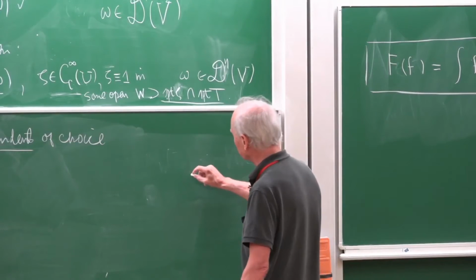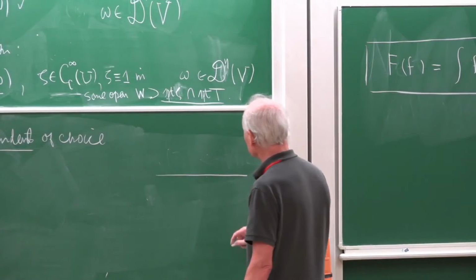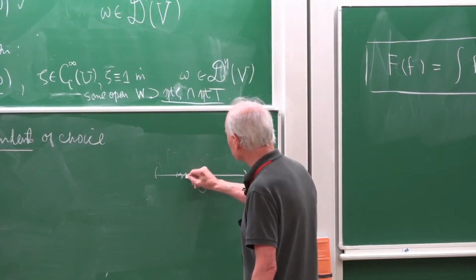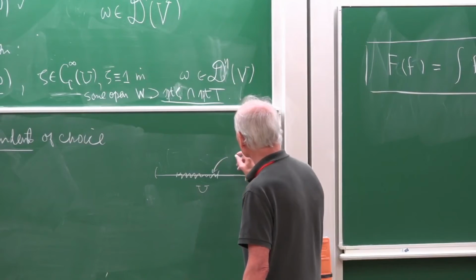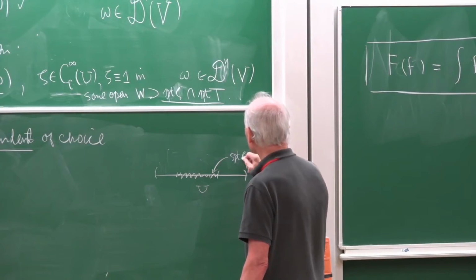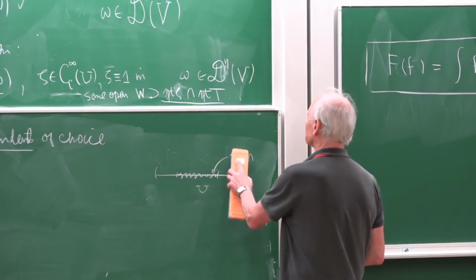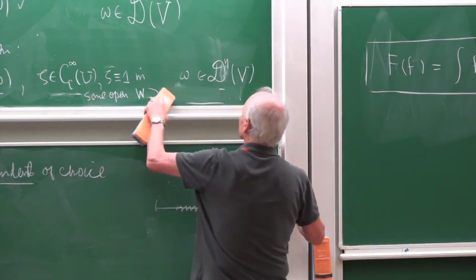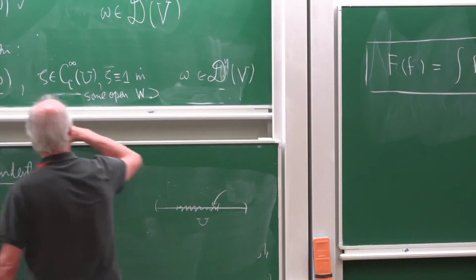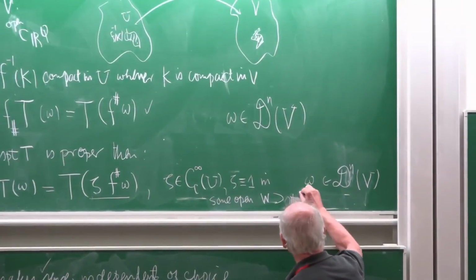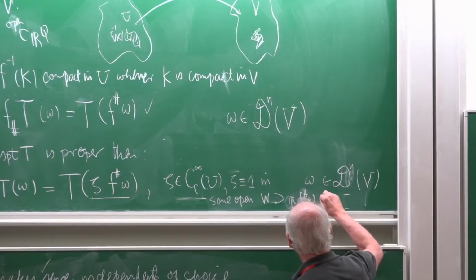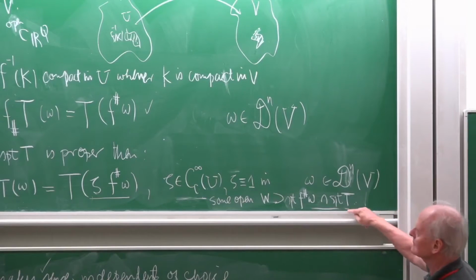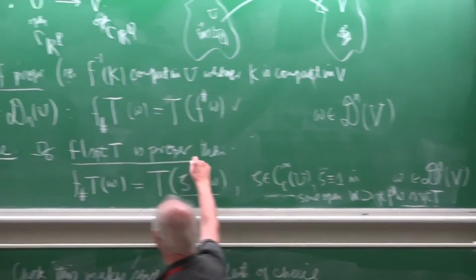And in fact, the schematic picture is something like this. Here's U, and here's the compact set. Sorry, I said this wrong. I'm supposed to be talking about this guy: support F sharp omega intersect support T. Now that is a compact set by this property.